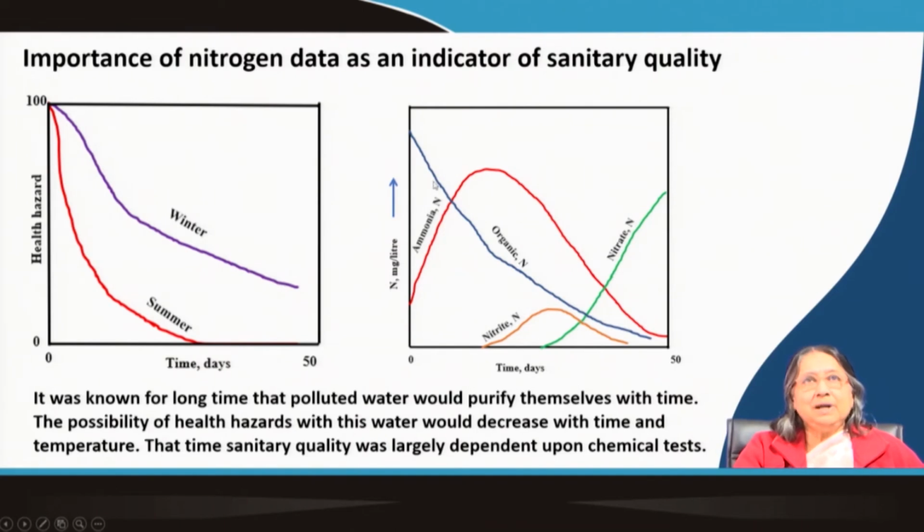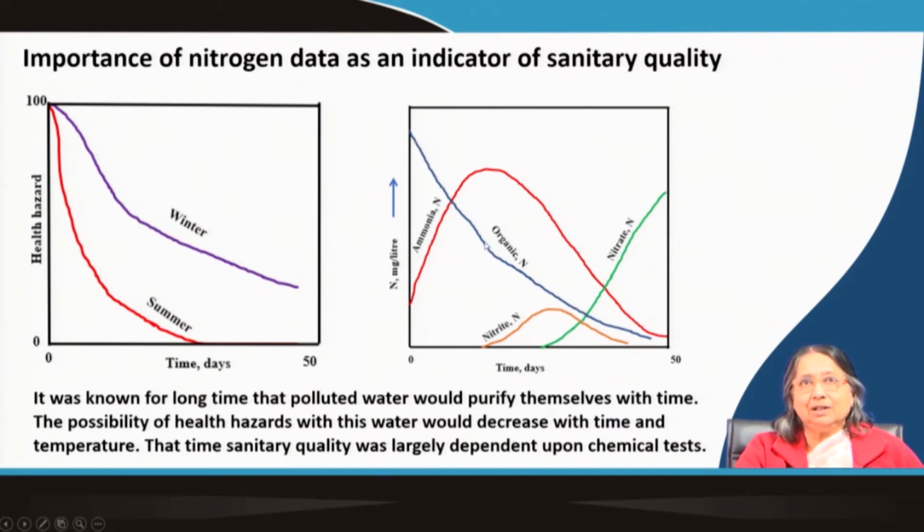Because say for example, you have polluted with some protein molecule. Then what will happen with time? The protein molecule will be first decomposed and it will form the ammonia. First it will form the ammonia that we have seen in the previous lecture. So, organic nitrogen means the protein molecule, for example. So, organic molecule will be degraded.